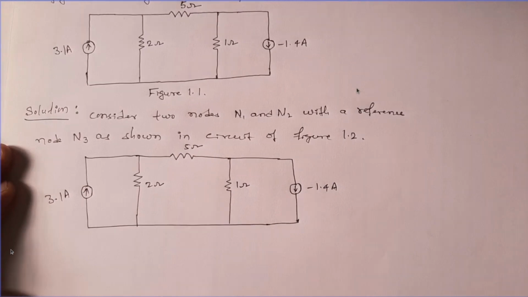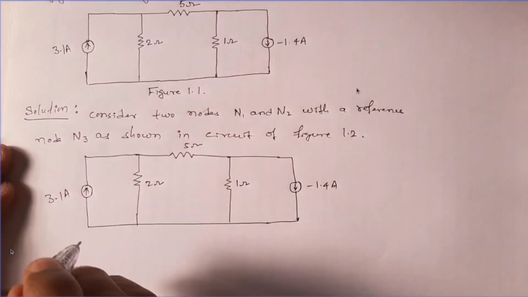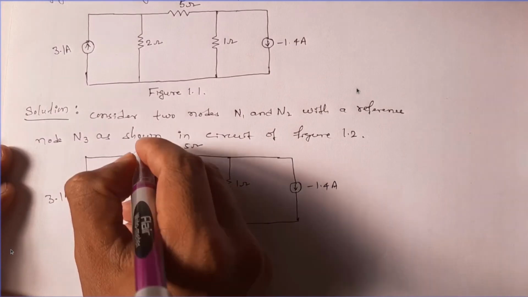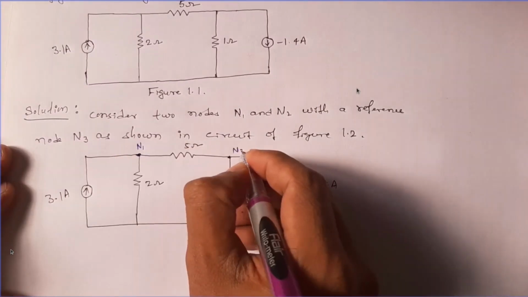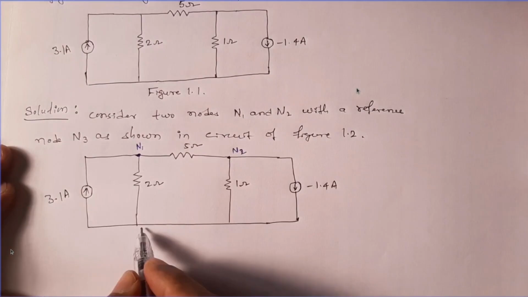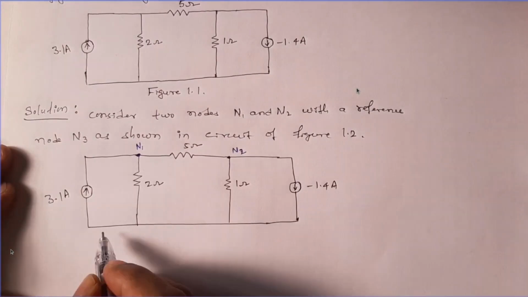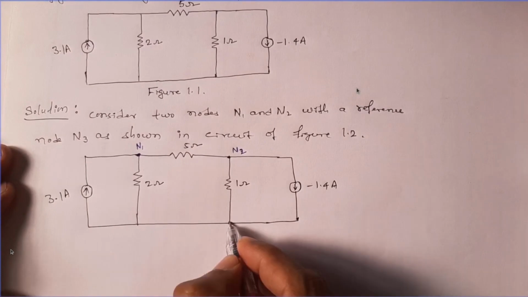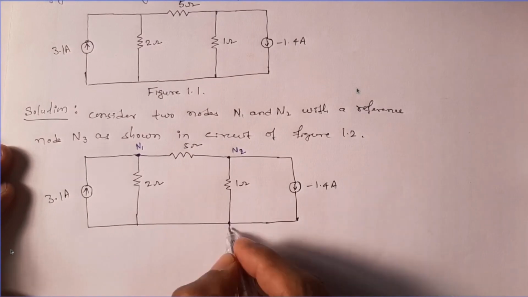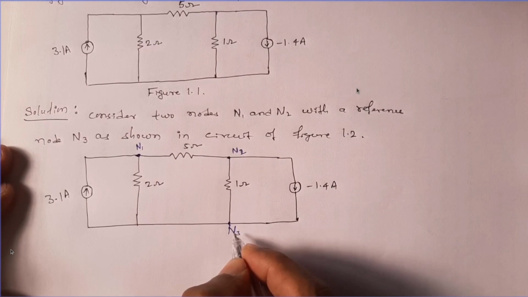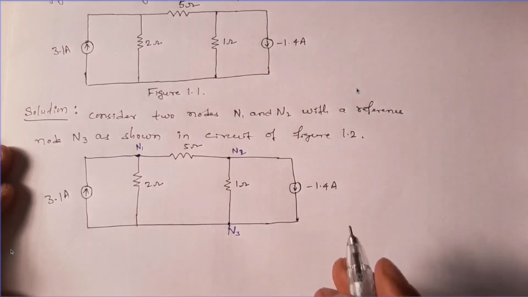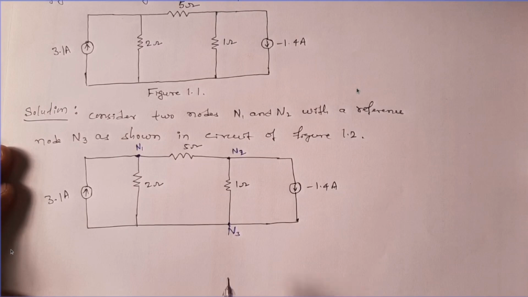Here I am going to consider this node as N1, and here there is a node N2, and as I told previously, all these will be considered as a common node. I'll consider somewhere here N3, the common node. Even you can consider this as a ground potential because it's common, right? So this is now N3.